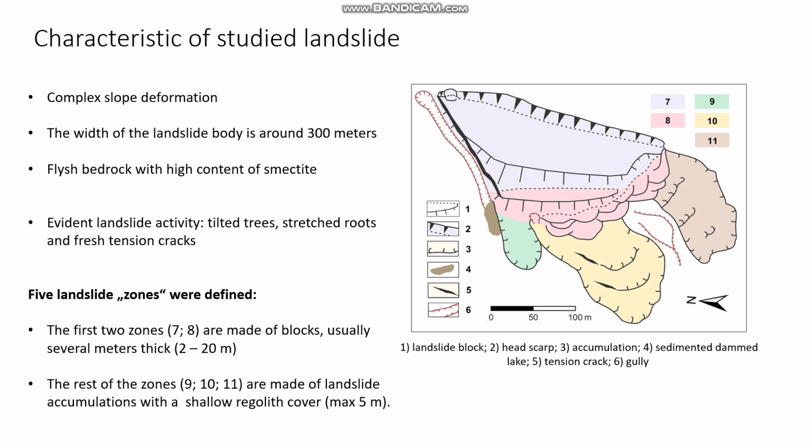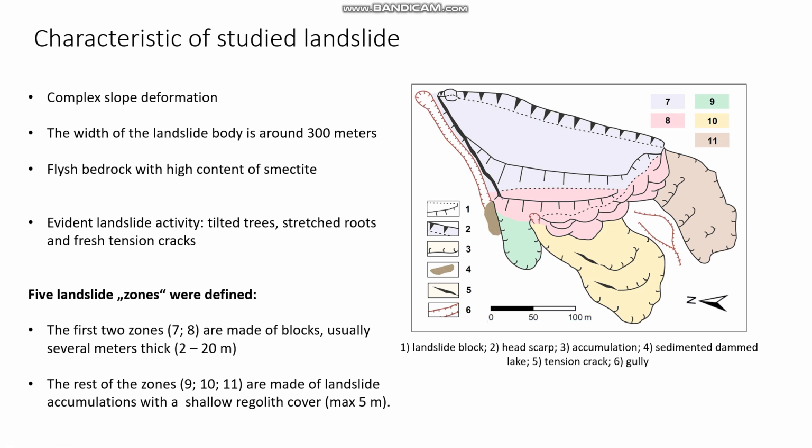Apart from trees and other mass movements like debris flows and earth flows, there are three tension cracks that are clearly visible in the terrain. The longest one is here, and two not so long are here in the accumulation part.